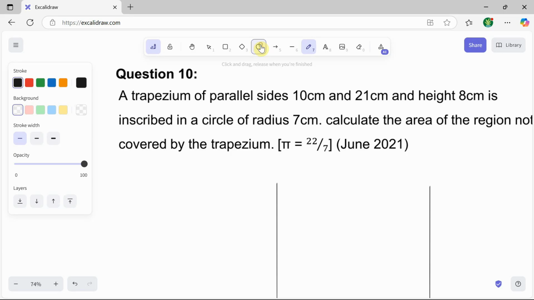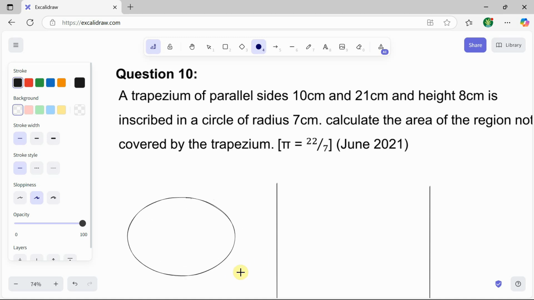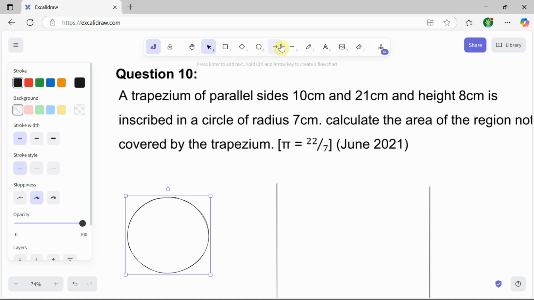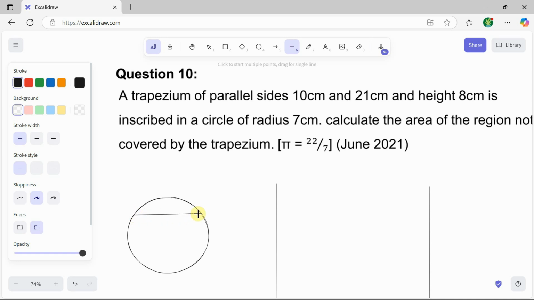So if this was our circle, we have a trapezium inside. So inscribed, this will be the first parallel base and this will be the second parallel base. And these will be the legs, this one and the second leg.